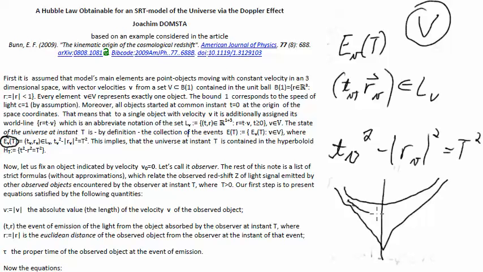If we have t going this way and the absolute value of r going this way, then each of those hyperbolic curves is going to be associated with a value of t.